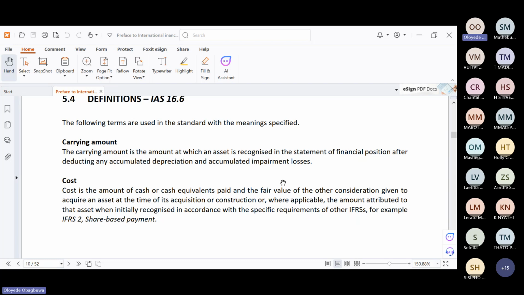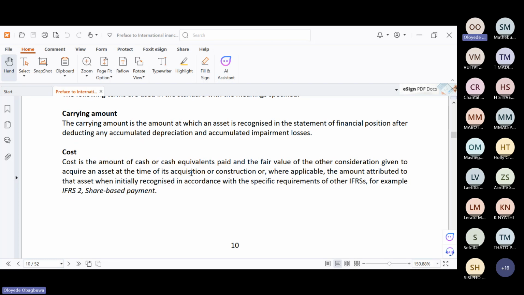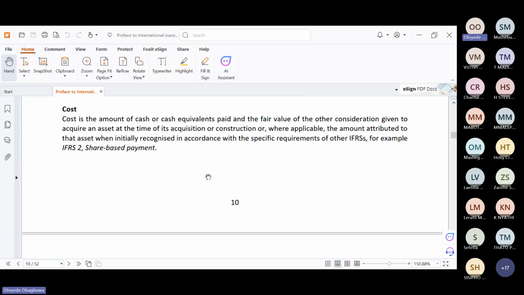So that asset will be valued also, and that is the cost of that asset. Normally you measure an asset initially at cost. Then subsequent measurements can either be at cost or at a revaluation value. So we are going to see all those.